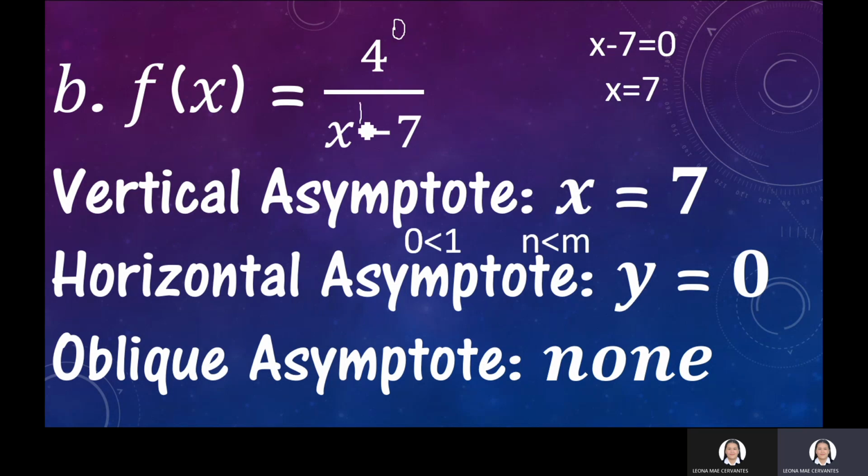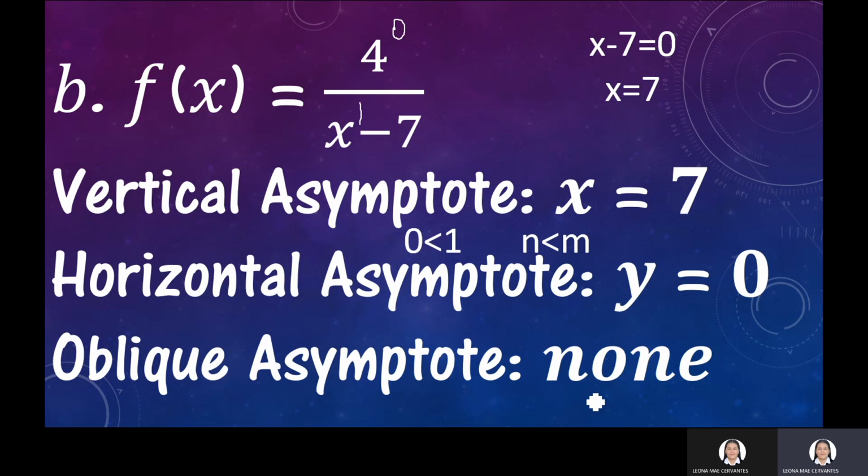Highest exponent ng denominator is 1. So 0 is less than 1. Therefore, n is less than m. So basic theorem, if n is less than m, y is equal to 0. So horizontal asymptote, y is equal to 0. Since we have horizontal asymptote, which is y is equal to 0, so oblique asymptote, none.